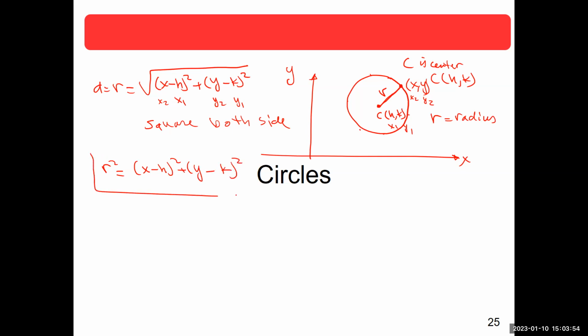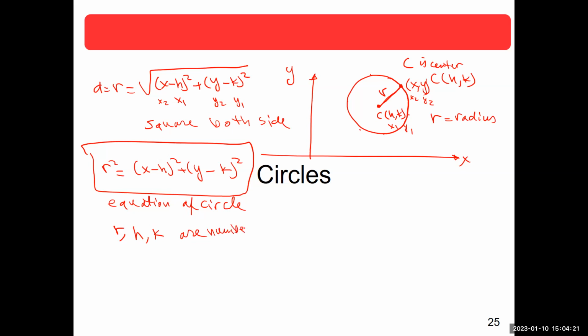This one is called the equation of a circle. Remember, R, H, K are numbers. Could be given or could need to be found.